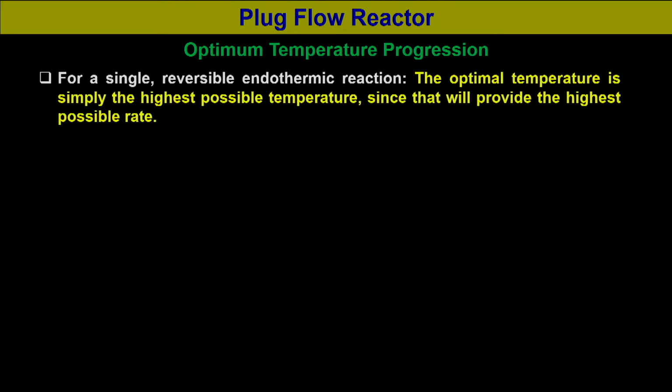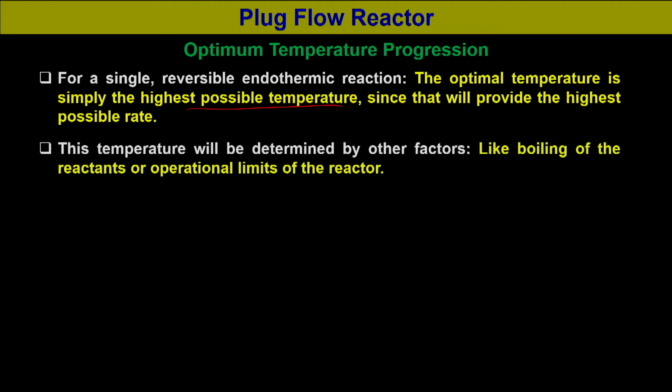Now, for a single reversible endothermic reaction, the optimum temperature is also simply the highest possible temperature, since that will provide the highest possible rate, and that will be determined again under the same conditions of boiling of the reactants or operational limits of the reactor.